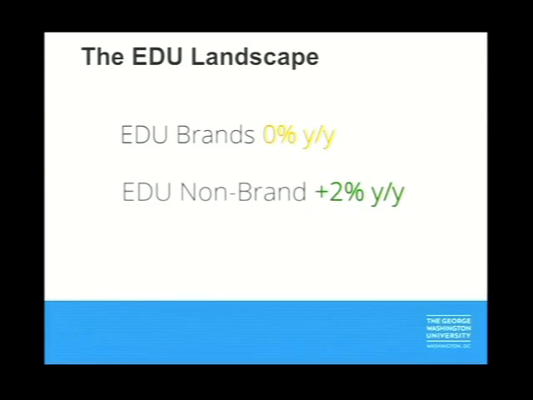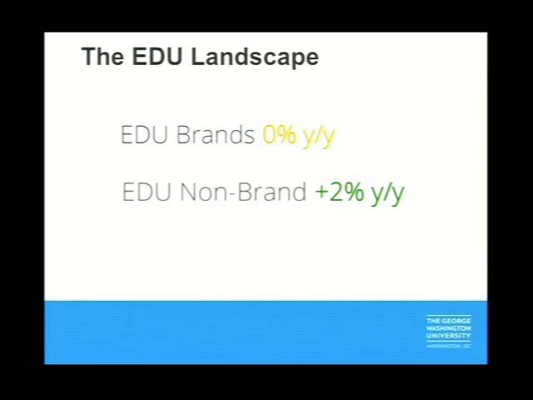What's interesting is for branded searches, there was no growth. But for non-branded searches, there was 2% growth year over year. What that means is people aren't necessarily attached to a given school or college. They're searching more generally. So that's something to be aware of as you start optimizing your site for the way people are searching right now.